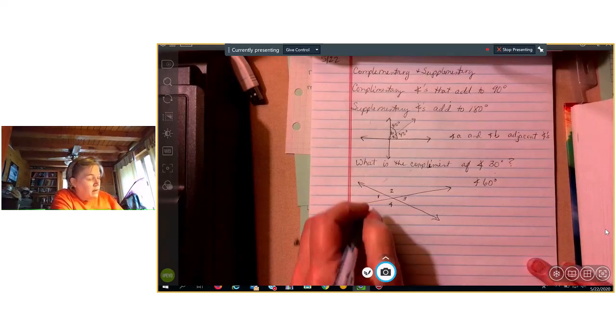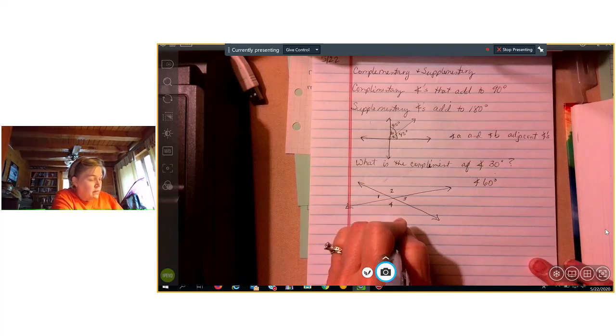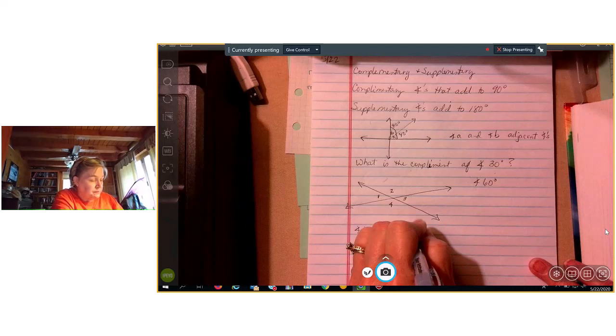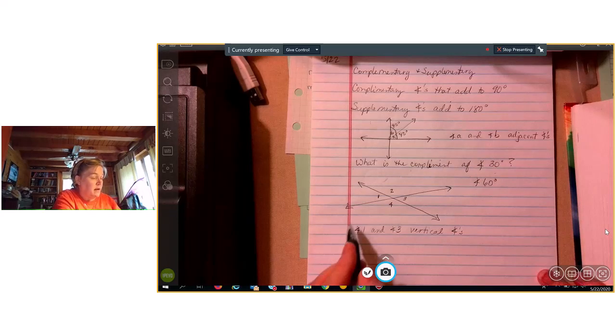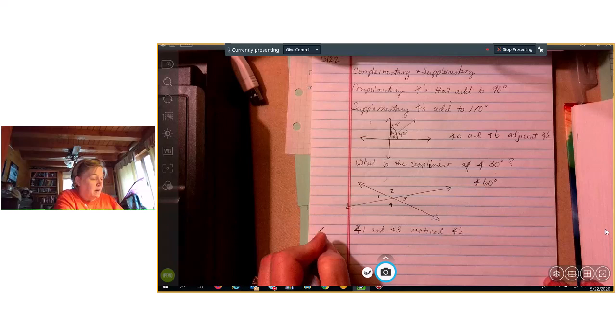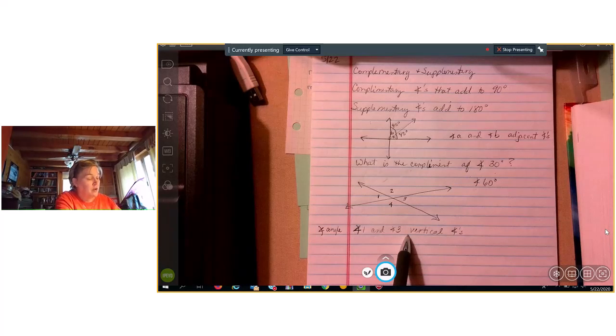We call angle 1 and angle 3 vertical angles. Now, those of you who weren't on here on Wednesday, this little symbol is my abbreviation for angle. So angle 1 and angle 3 are vertical angles, and that would make angle 2 and angle 4 also vertical angles.